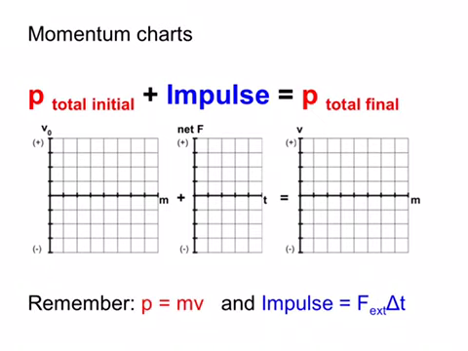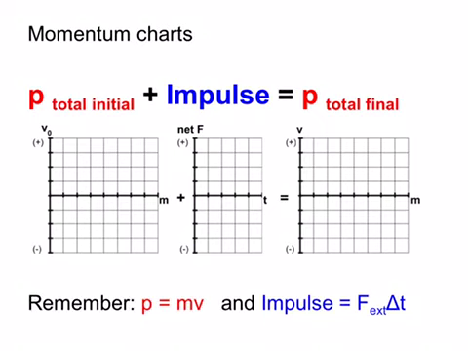Also remember that momentum for any object is given by the object's mass times its velocity. And don't forget that signs matter. So in this momentum chart here, you'll see that you have a place for positive velocity as well as negative velocity. Likewise, in our impulse chart, you see here that there's a place for forces directed in the positive direction and then forces in the negative direction.